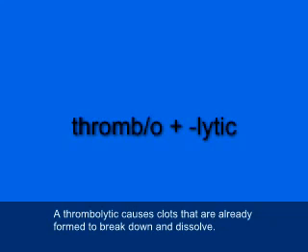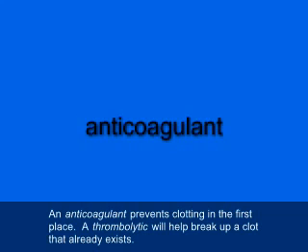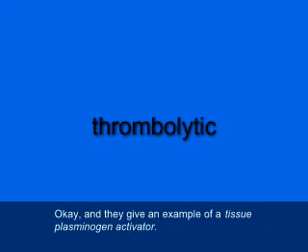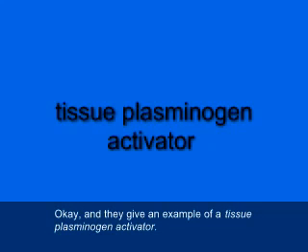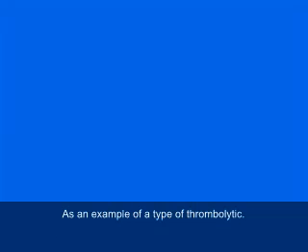A thrombolytic causes clots that are already formed to break down and dissolve. Okay, that's different from an anticoagulant. An anticoagulant prevents clotting in the first place. A thrombolytic will help break up a clot that already exists. Okay, and they give an example of a tissue plasminogen activator as an example of a type of thrombolytic.